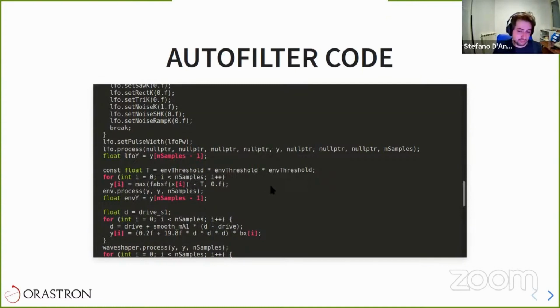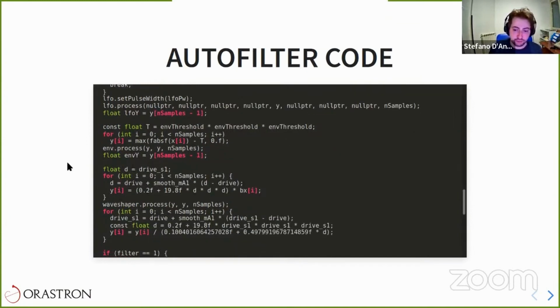This allows us to have an input for the envelope generator that more or less is related to the loudness of the input. It's a small trick, but it works. And then we take the output of the one-pole filter as the output of the envelope generator.